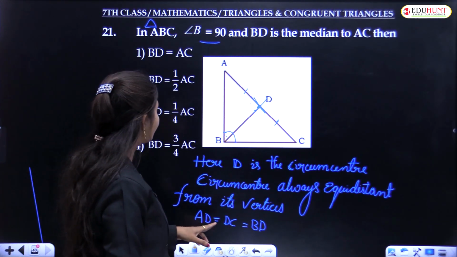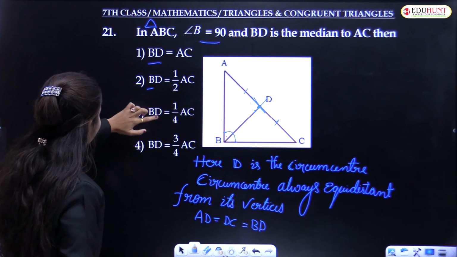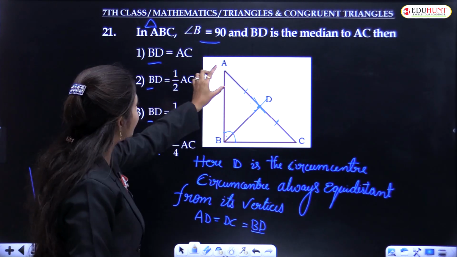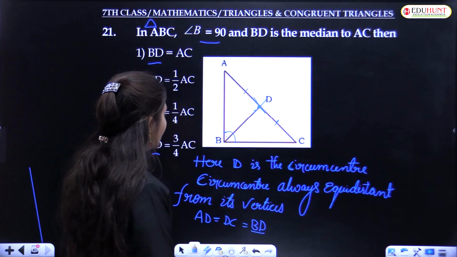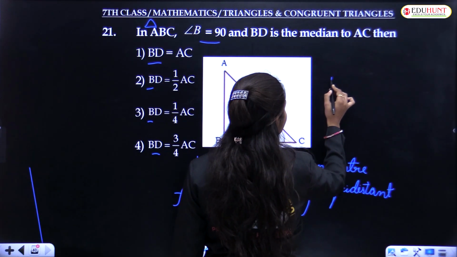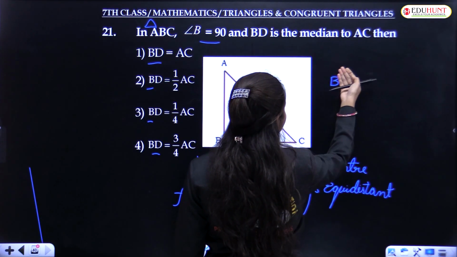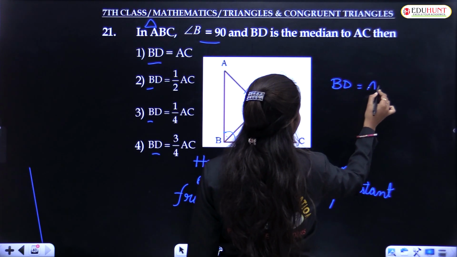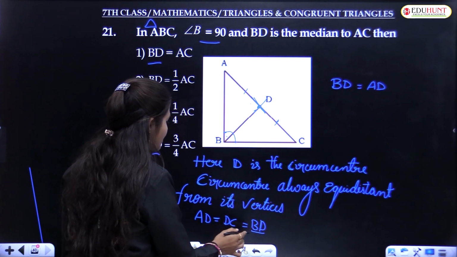Okay, now here from this one they have given BD as the subject, no? So from this one take BD and here they have given AC. So we can take that BD is equal to AD. First we have taken like this, no?